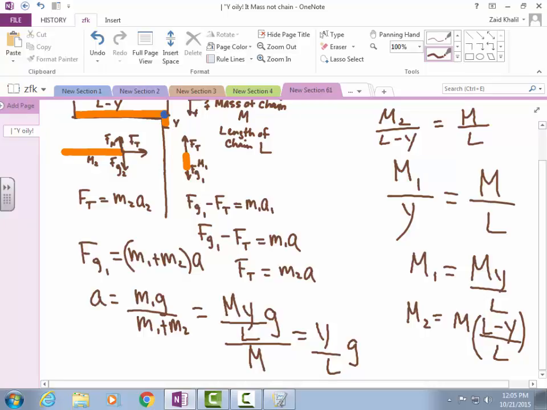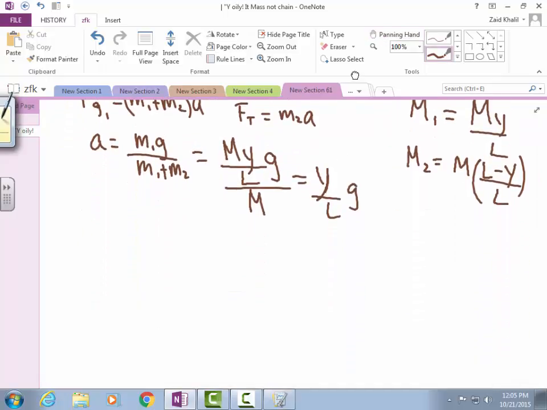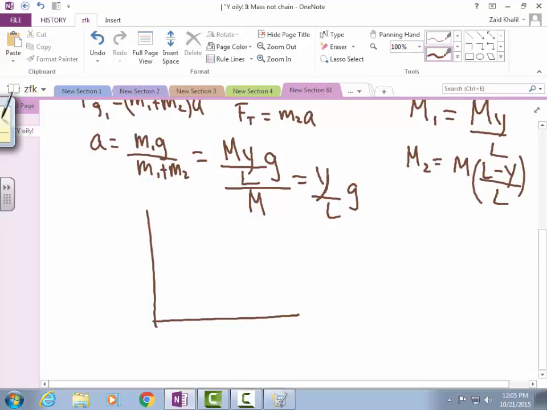Sweet. So now I'm going to ask you a question. Tell me, what does this graph look like? A versus y. It's linear? What is it? Whoa, be careful.